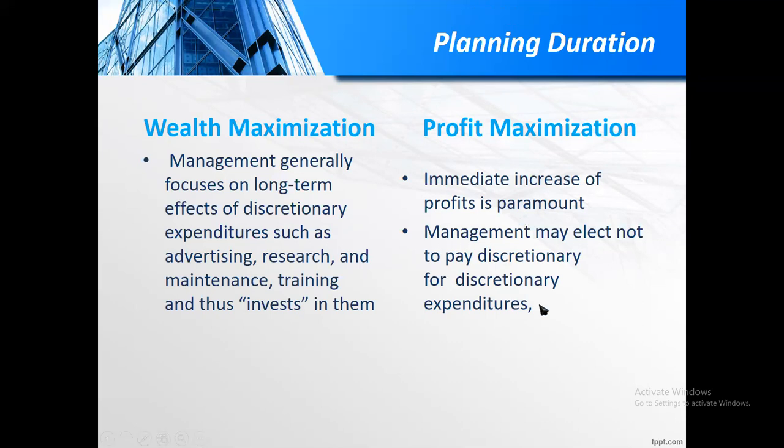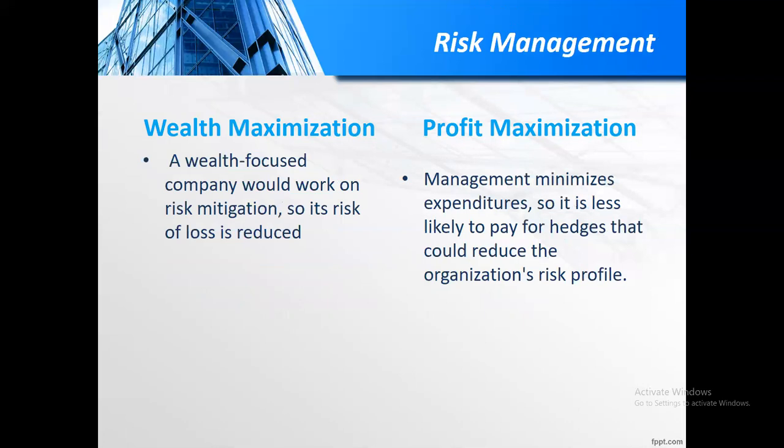Okay, we gave examples of that, like training. Usually, when a company cuts back on expenses, the first thing cut, the first thing removed, is training. Not realizing that it is important for the sustainability of the business. Okay, we also looked at risk management.